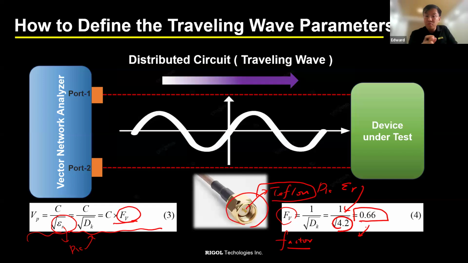It is quite important, because if you input the wrong velocity factor, you will get wrong information on the Smith chart, and even wrong VSWR test results. So the whole test result values will be wrong. Okay.